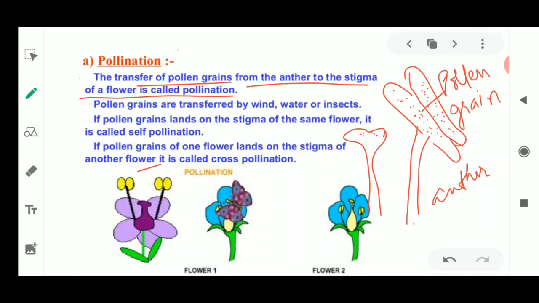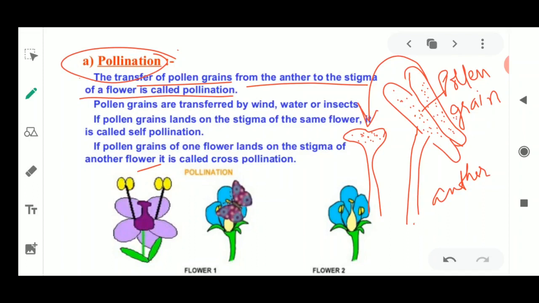The pollen grain has to come out from the anther and stick onto the stigma. That is why its name is stigma. So once it sits and sticks on the stigma, this process of transference is known as pollination. Pollen grains being transferred from the anther, where they are produced, to the stigma of a flower is known as pollination.